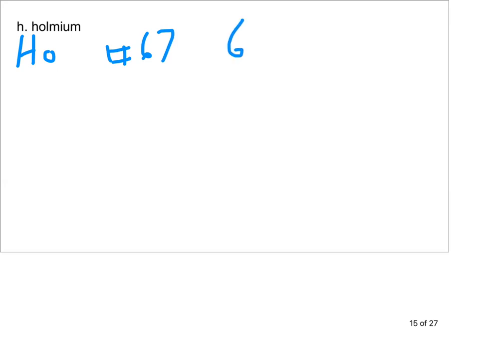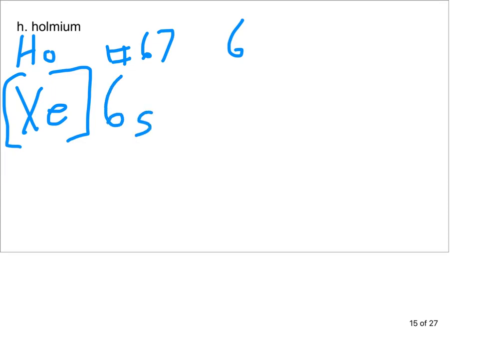So we find our preceding noble gas, which would be xenon. And we do a 6s, and we move all the way across the S, 6s2. Then we drop down to the F block.